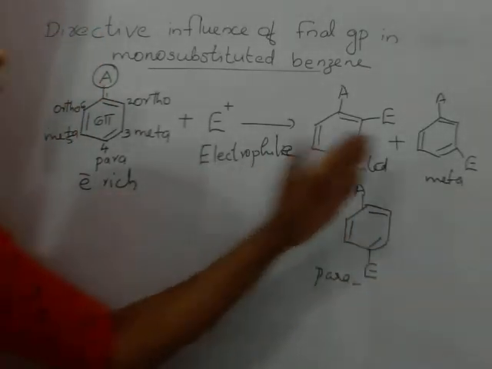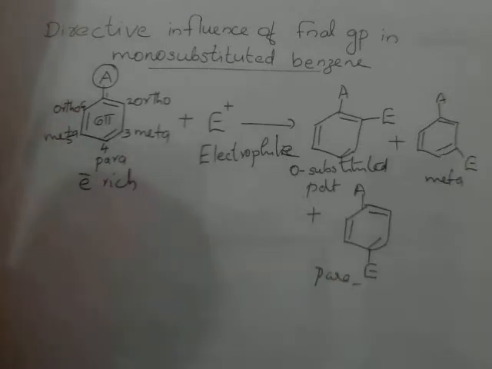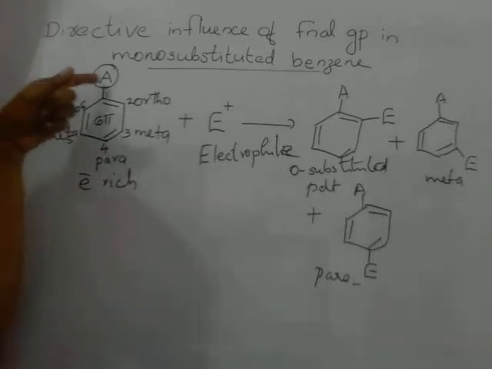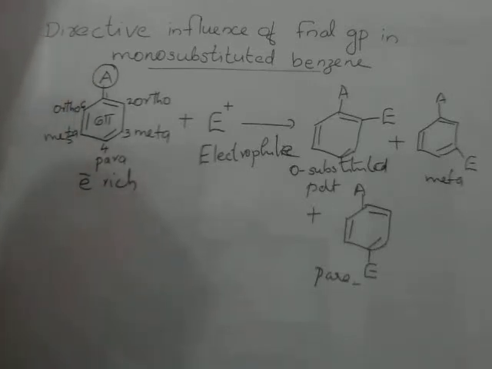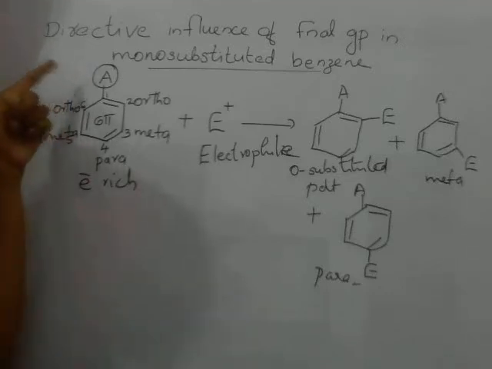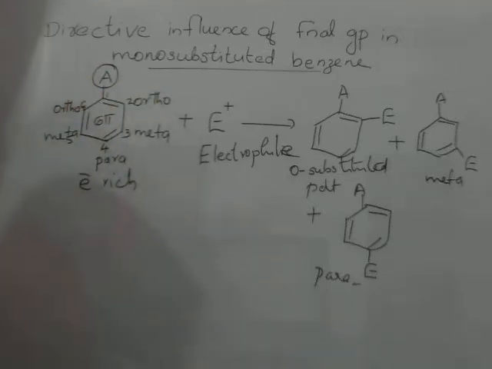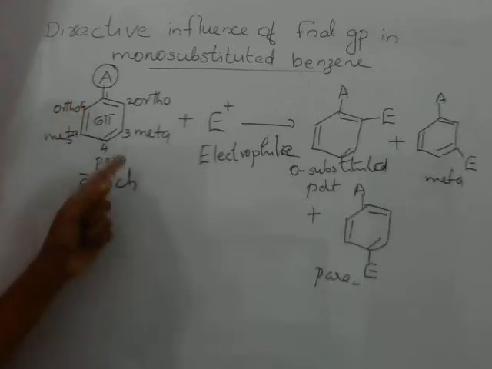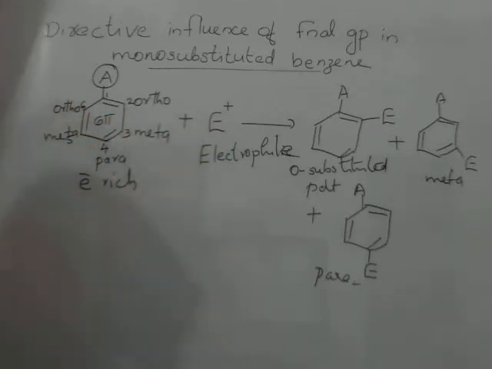The product formed, whether ortho, meta or para, depends on the nature of the substituent which is present in the benzene, that is A. A determines in which position the electrophile would attack and which product will be formed.